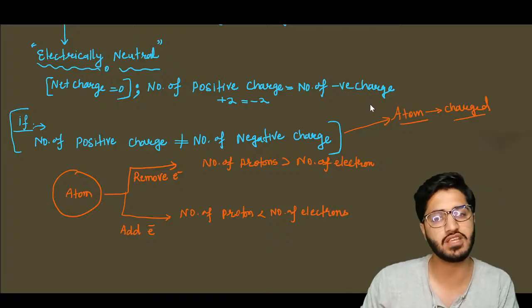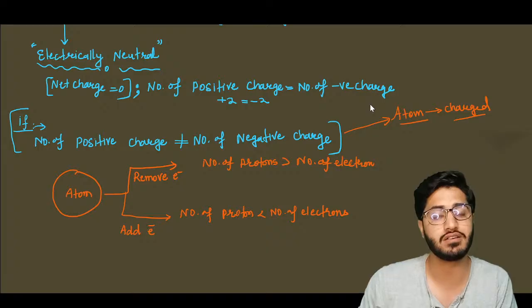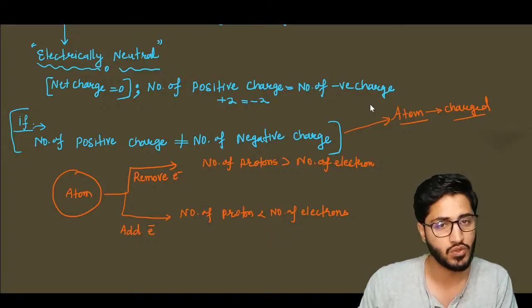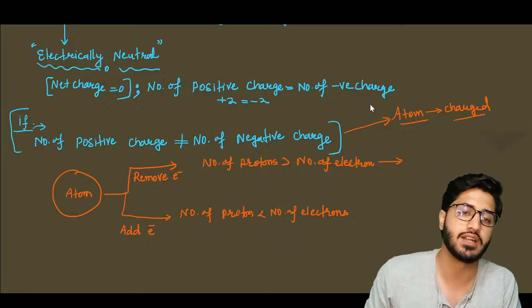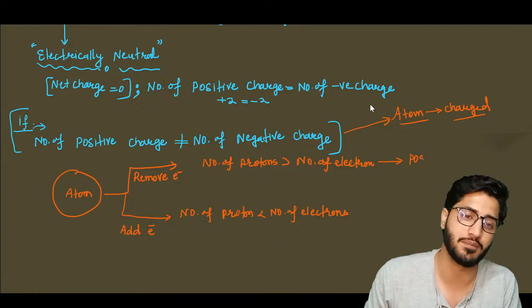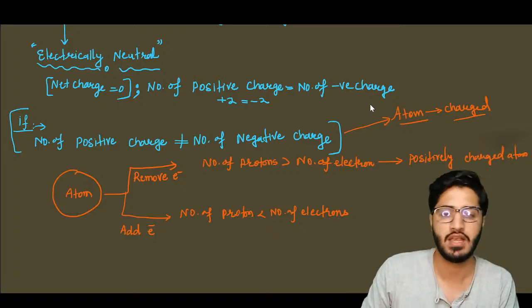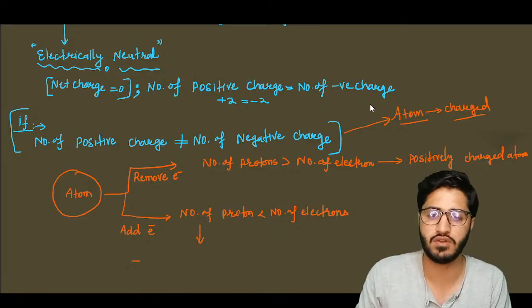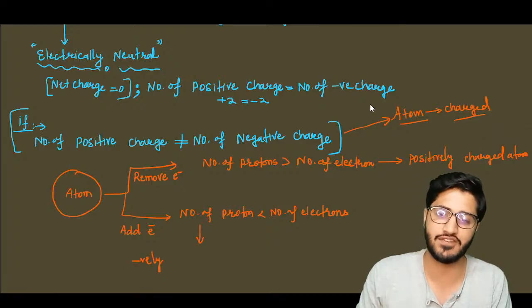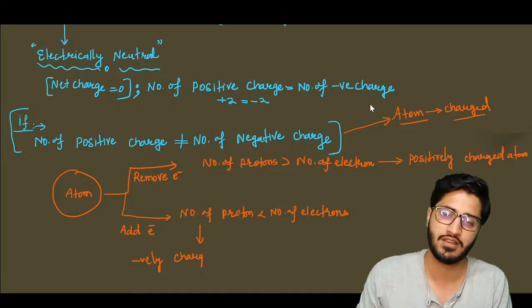So in the first case, proton is dominating, so this will give a positively charged atom. And this condition will give you a negatively charged atom.